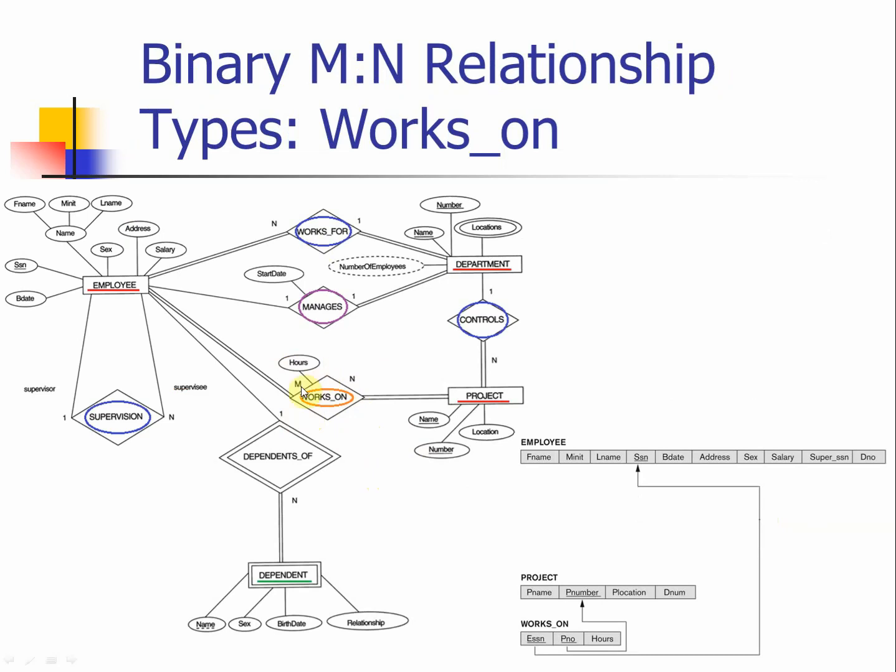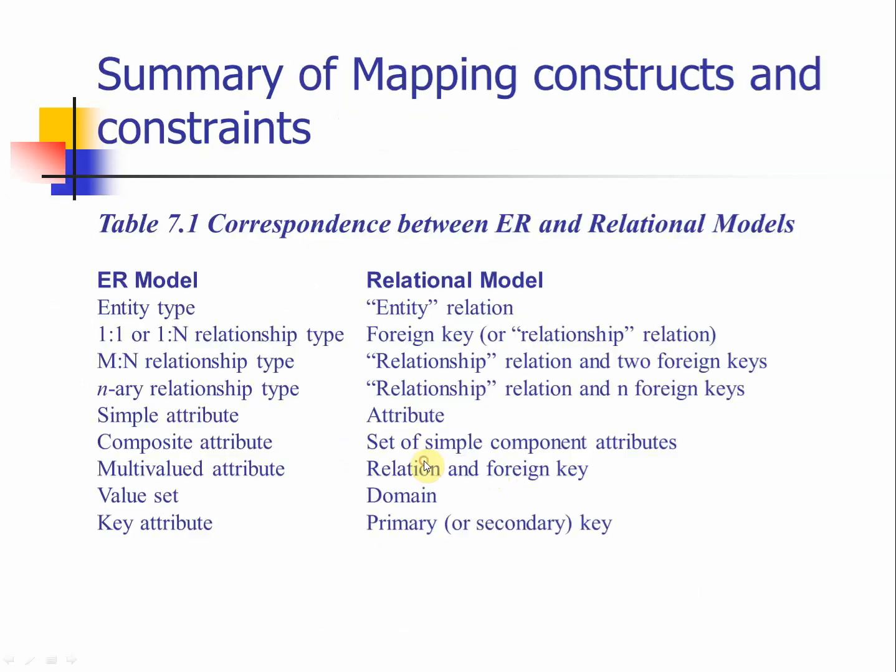You see that the M to N relationship is doing the same thing. Create a new relation, get the primary keys of the 2 entities that come with it, and underline both of them, indicating it's a composite primary key, and each one of those will map back to their original entity's primary key. So I just want to show you how similar they are, and that's how we are able to handle those kinds of multiple to multiple relationships.